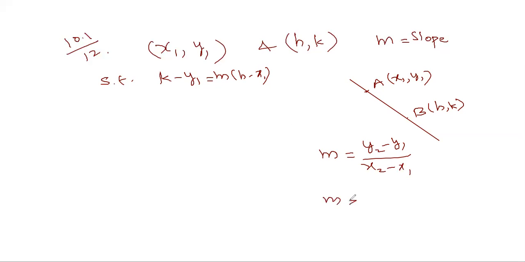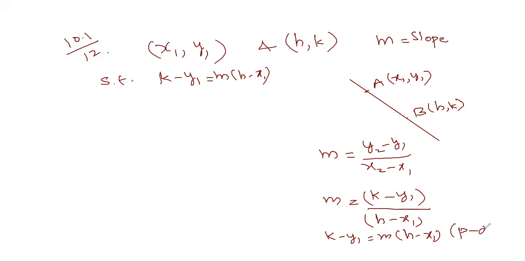So m is equal to k minus y1 upon h minus x1. So multiply this here, you get k minus y1 is equal to m times h minus x1. Proved.